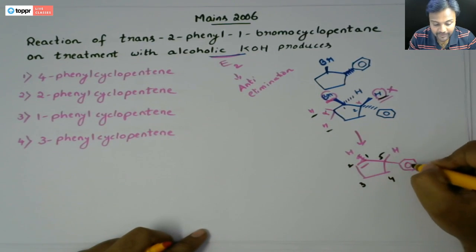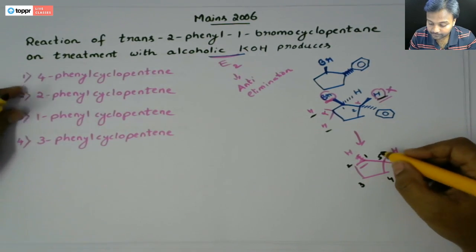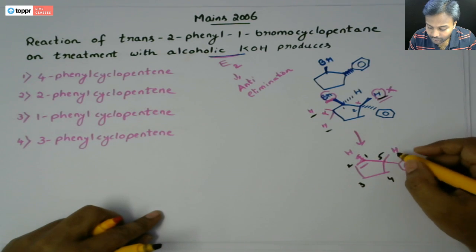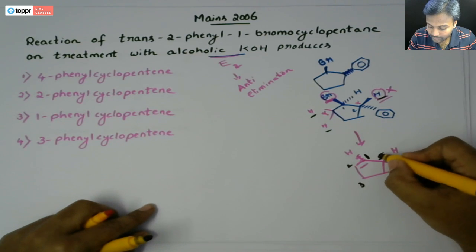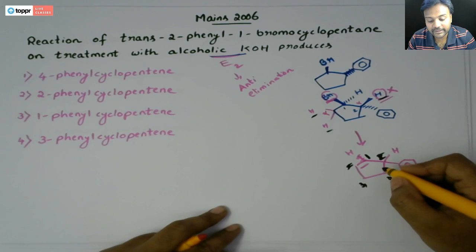Means 5 phenyl, right? Okay, sorry, this should be 1, 2, 5. 2-phenyl cyclopentene.